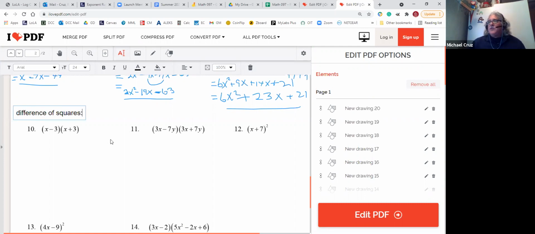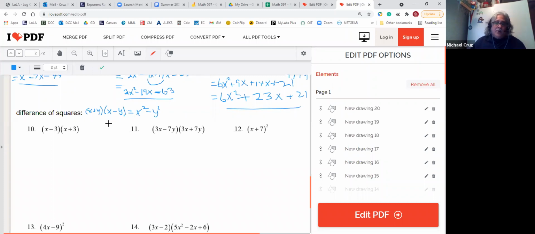Basically it works like this: if you have x plus y times x minus y, you simply end up with x squared minus y squared. You can find that out by doing your FOIL, but that's an easier formulaic way to do it.